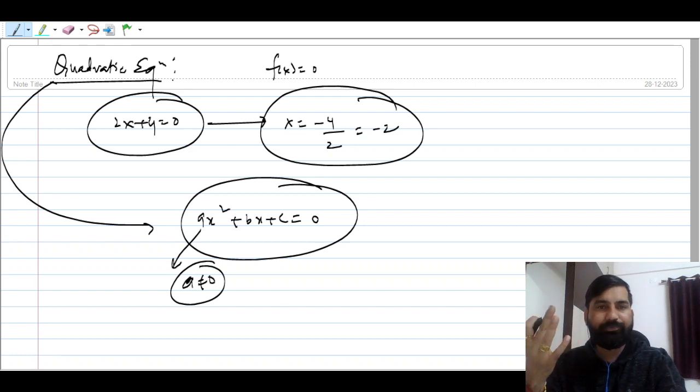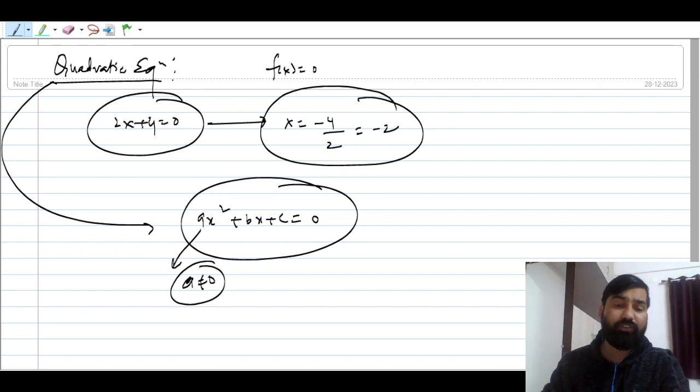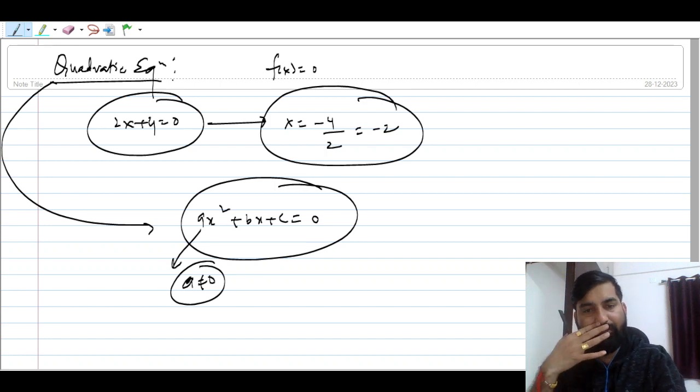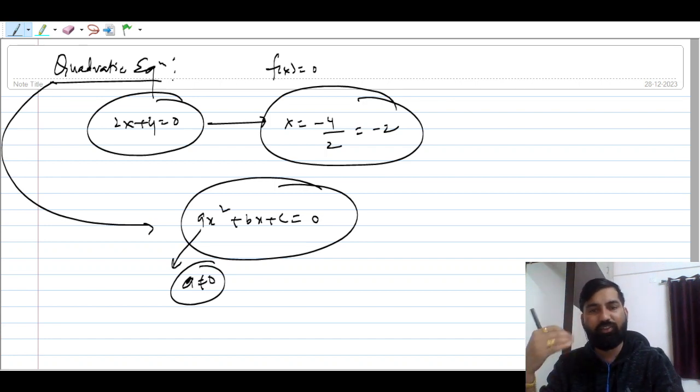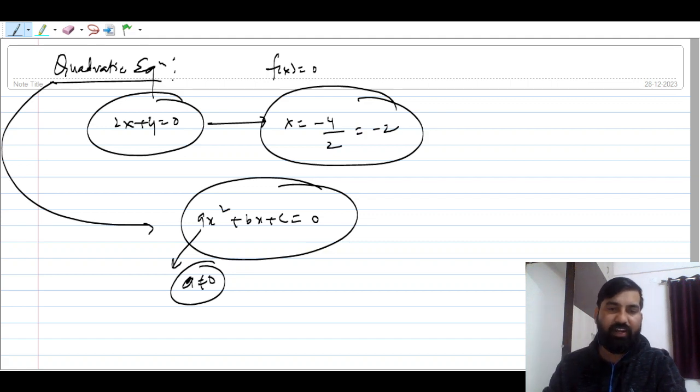If you take any equation, you can find the roots of the equation, and there are some properties of the roots. The roots can be real or imaginary, so there are various cases we have to see.